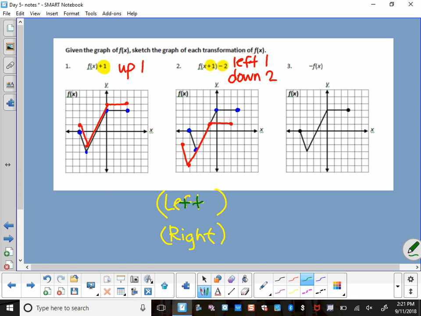That's my reminder. In the word right, there's a minus sign if I cross my T. That's just how I remember it. Can you choose either one, left or right? No. If it's a plus sign, it's always going to be left. If it's a minus sign, it's always going to go to the right.